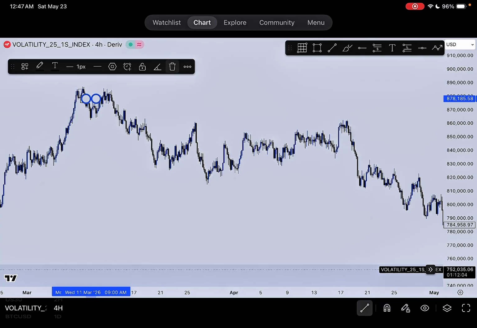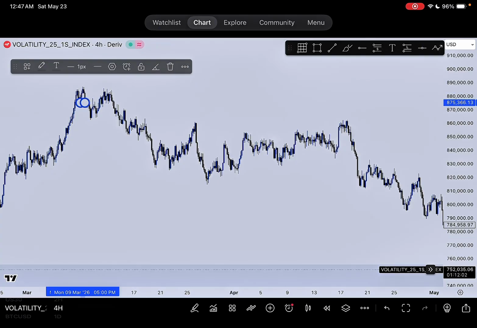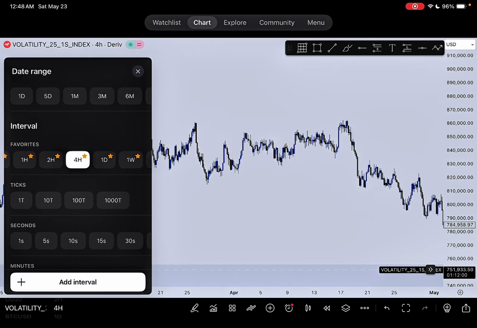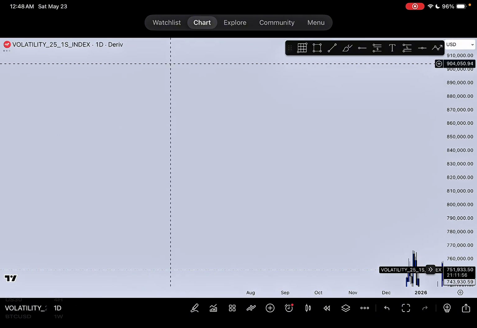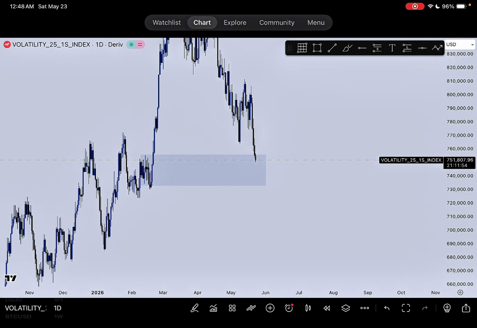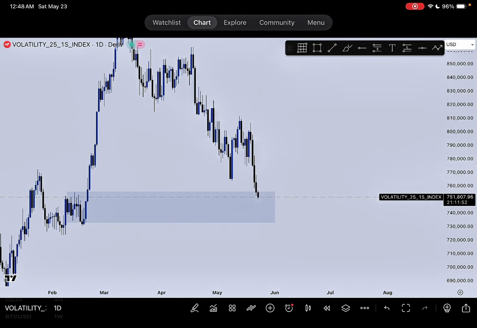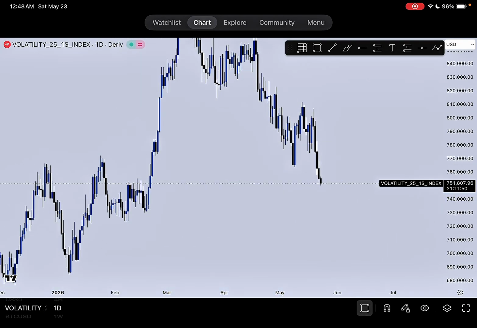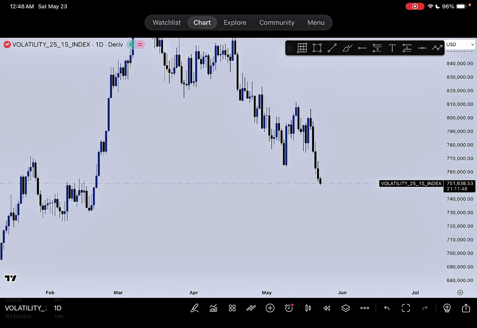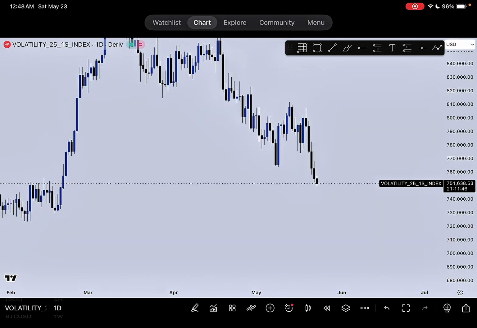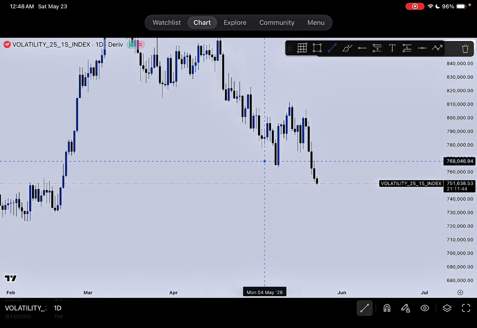All we need to do now is to mark our other block, and where we are trying to sell from, we need to go back to daily time frame. So for now, we will not be needing this. Where is the market reacting from?